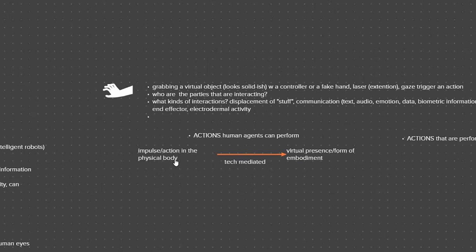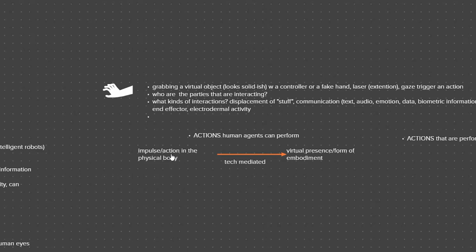We're pushing air out of our mouth from our lungs, and that creates the sound waves. But in the case of VR, we have this tech mediation happening. So what the body does can have many, many forms in which it can become a form of communication in the virtual space. And I think here we can start to brainstorm quite a lot of things.